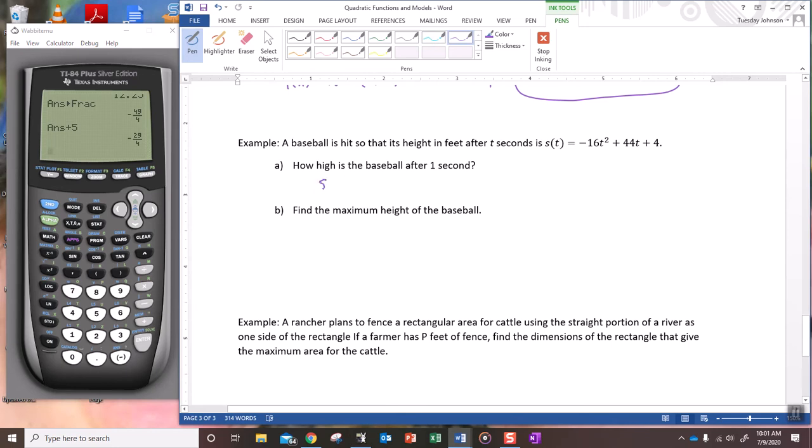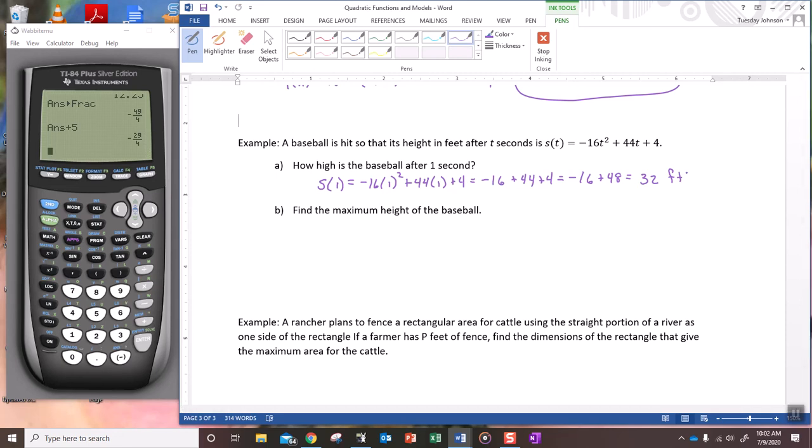I know that s of 1 is negative 16 times 1 squared plus 44 times 1 plus 4, which is negative 16 plus 44 plus 4, which is negative 16 plus 48, which looks like 32 feet in the air. All right, after 1 second, the baseball is 32 feet in the air.